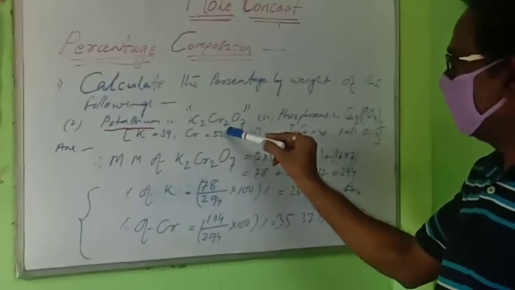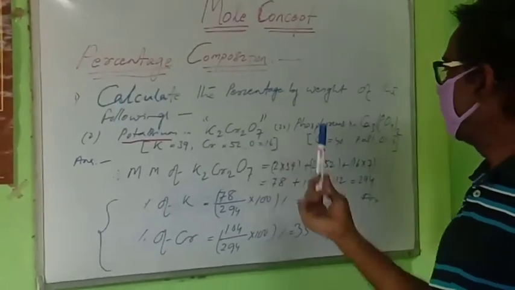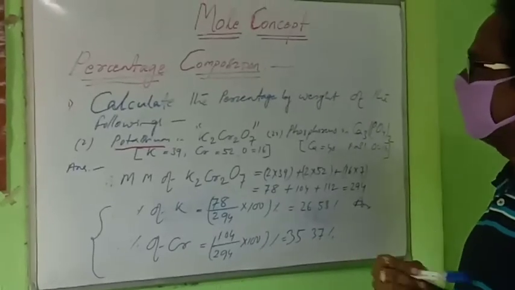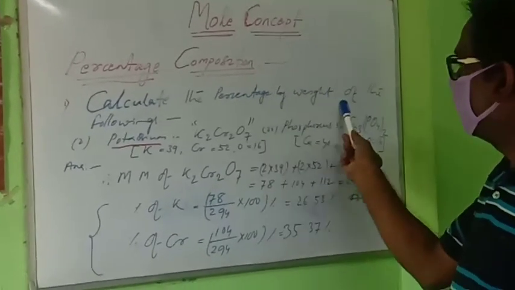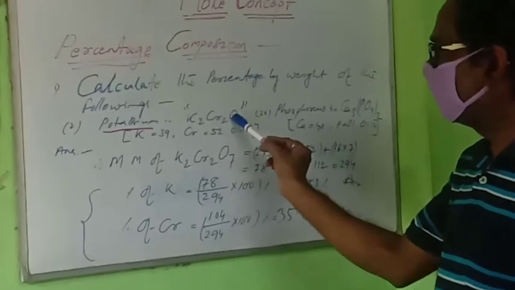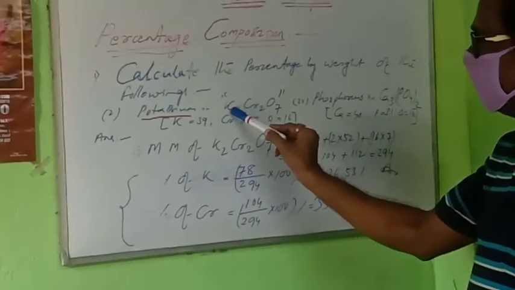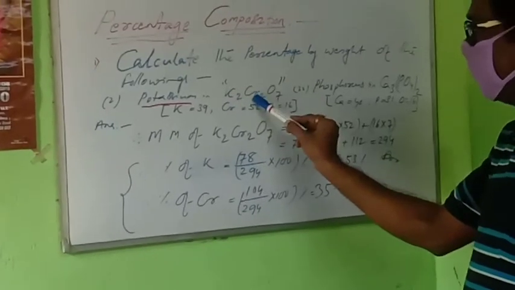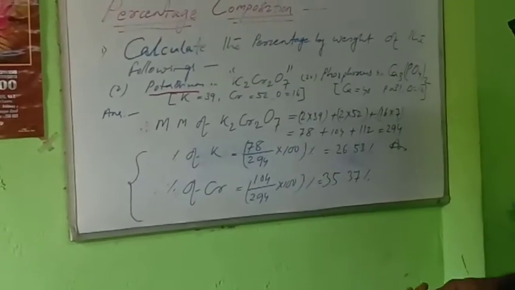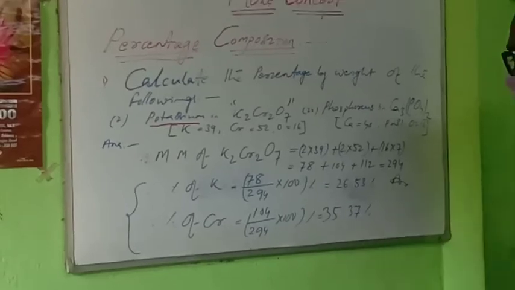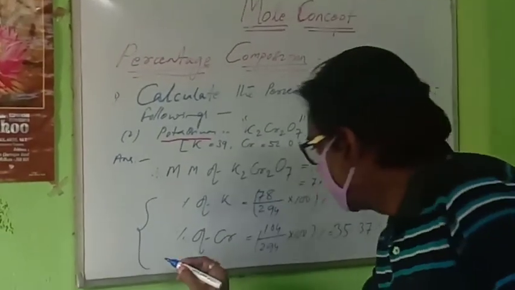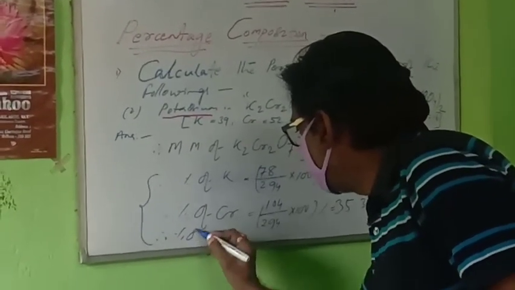First of all, complete the first part of the question, then we will go to the second part. The question is to calculate the percentage by weight of potassium in potassium dichromate. Only potassium you have to find out. If the question asks for each element, you find potassium, then chromium, then the percentage of oxygen.